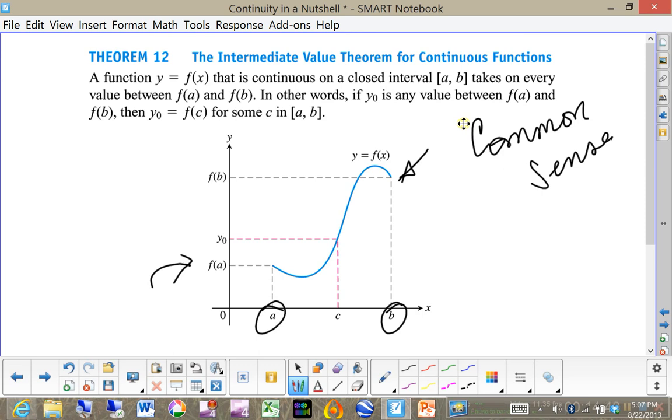It's pretty obvious that if this function has to be continuous, it's got to take on all the values in between.